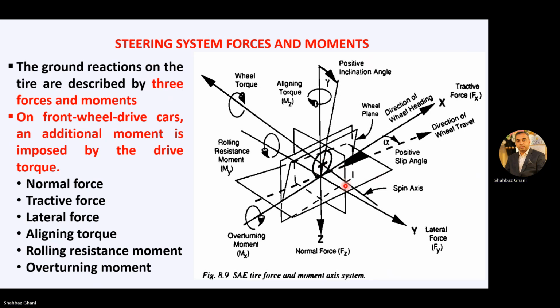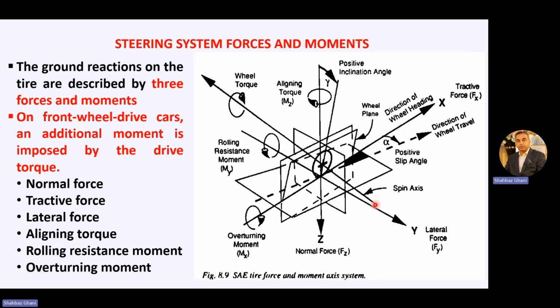Now, steering system forces and moments. We have studied this slide when we were studying the wheel and the tires. So this is your wheel. Now, this is your wheel plane, and in this direction it is moving, the direction of wheel heading. The tractive force is Fx, but the direction of wheel travel is this. The angle here is alpha, that is the positive slip angle.